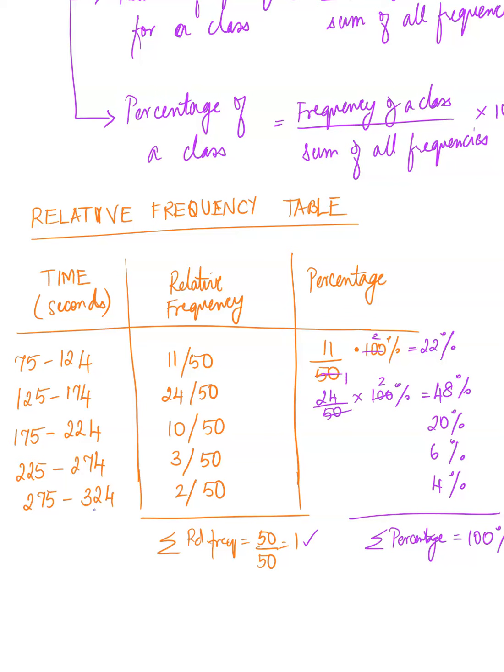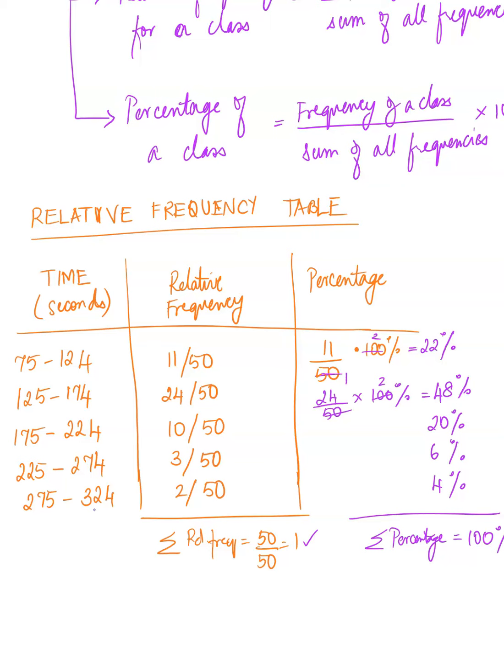Since it's only 4%, it is likely that the order was really large. Or it could be a new employee who wasn't keeping up with the expected timeline, and they were delaying for whatever reasons, and they need to be retrained. All right, so it gives you that information when we do the relative frequency.